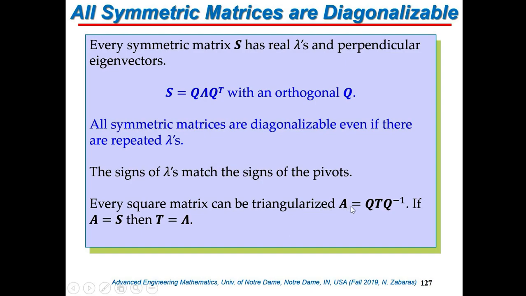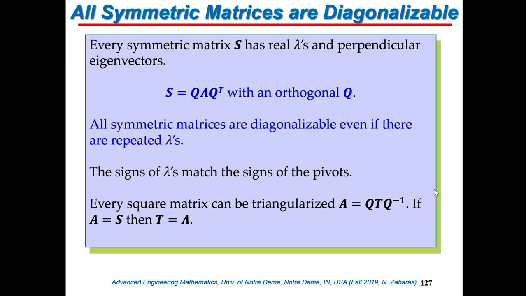So we have a decomposition that looks very much like the spectral theorem: A equals Q times T times Q inverse, where Q is a set of orthogonal columns, orthogonal eigenvectors, if I can call them eigenvectors, but the matrix T is a triangular matrix. So we have a similar decomposition, but it is applicable even when you have repeated eigenvalues.